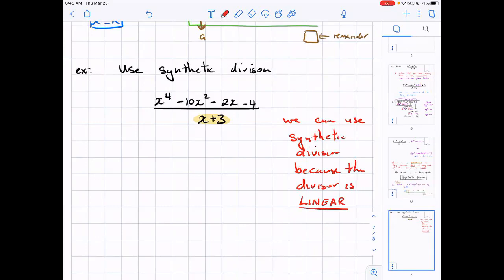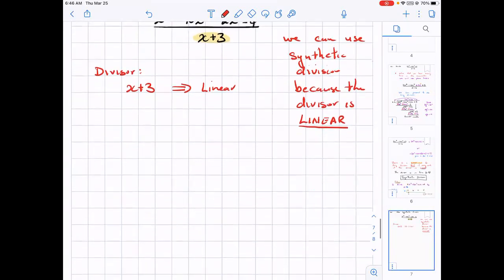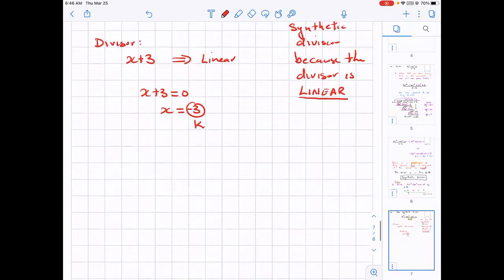So this is what tells us if we can use synthetic division. Now your divisor, x plus 3, is linear. If we take x plus 3 and we set it equal to 0, we get x is equal to minus 3. So this is the k that we're referring to.